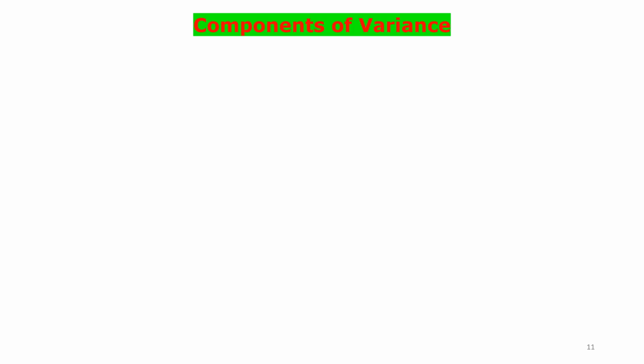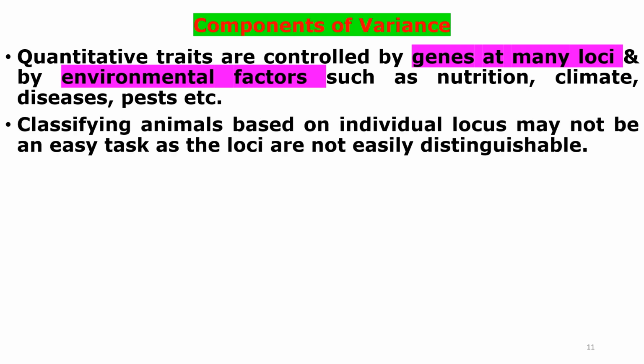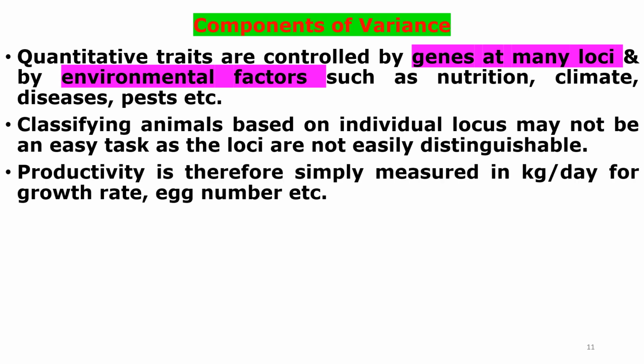So what are the components of variance? We had said that quantitative traits are controlled by genes at many loci and also by environmental factors such as nutrition, climate, and disease. So classifying animals based on individual loci may not be an easy task as the loci are not easily distinguishable.